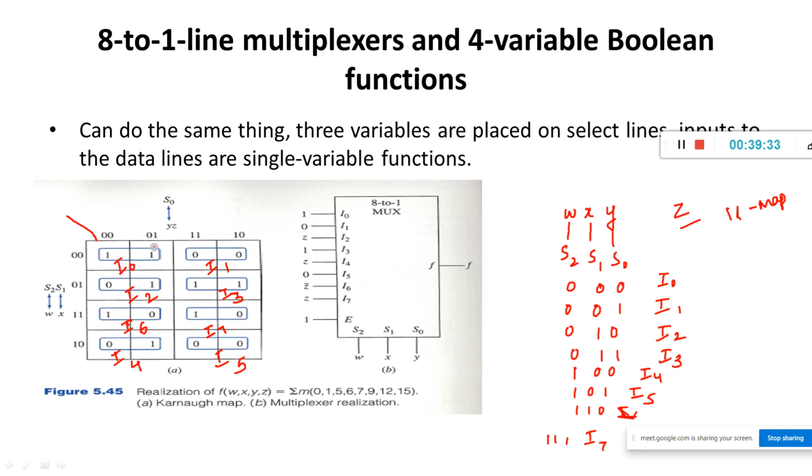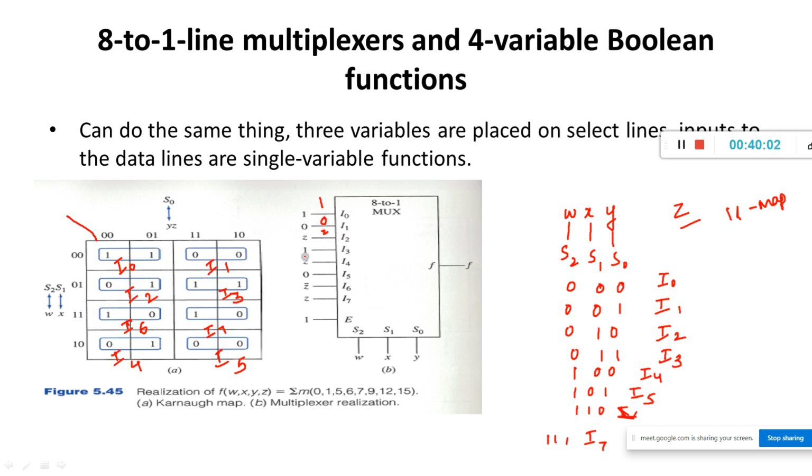In the I0 submap, both are 1. So I0 is 1, no? Put 1 here. Next, in I1 both are 0, no? Put 0. Now here the functional value is 1 when z is 1. In the I2 submap, the functional value is 1 when z is 1, so it is z.